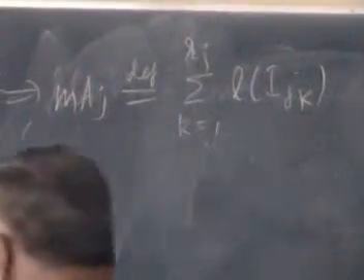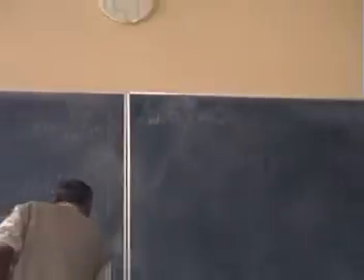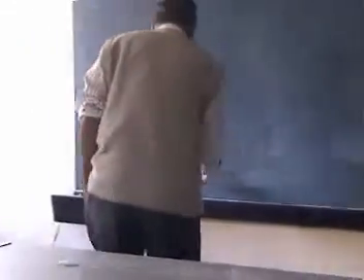So this is precisely M of Aj. Therefore, what this result says is that M of the union over j equal to 1 to n of Aj is equal to the summation over j equal to 1 to n of M of Aj. So this M retains the finite additivity property. So M is finitely additive.